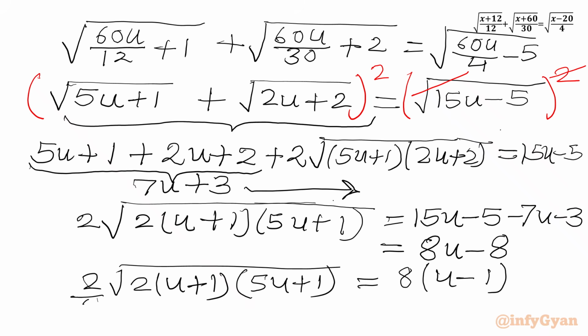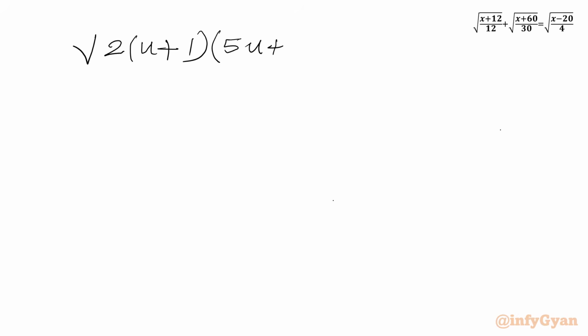Now we will divide both sides by 2. So 8 over 2 will be 4 and 2 over 2 is 1. So we will get square root of 2 times u plus 1 times 5u plus 1 equal to 4 times u minus 1.